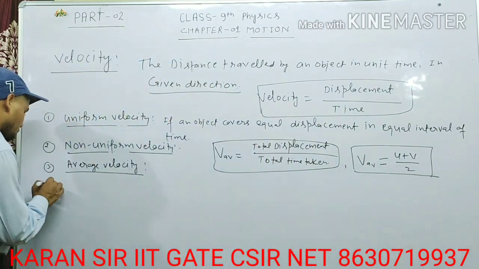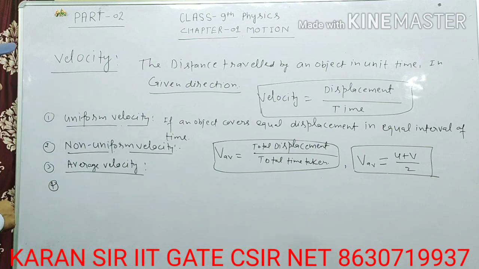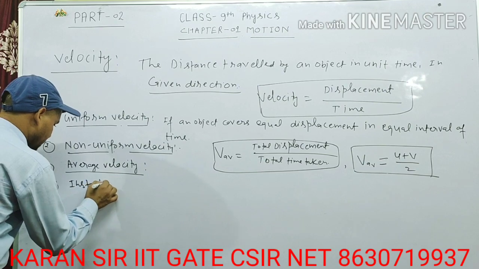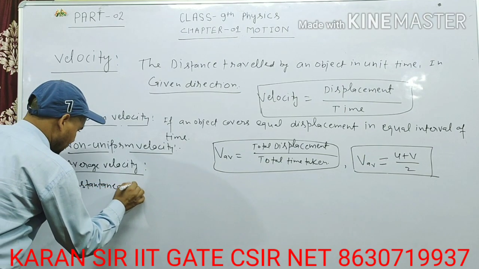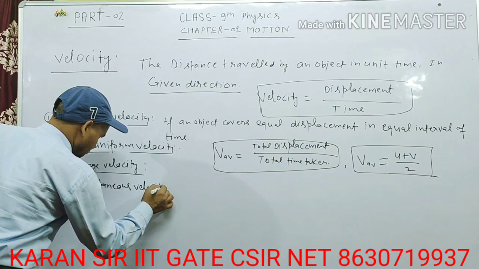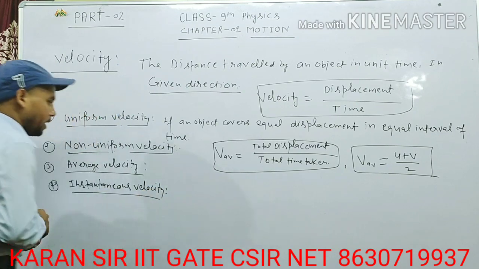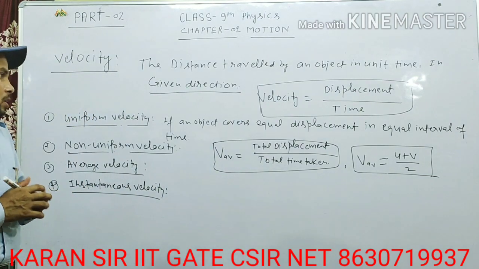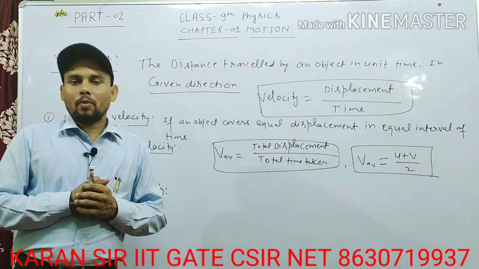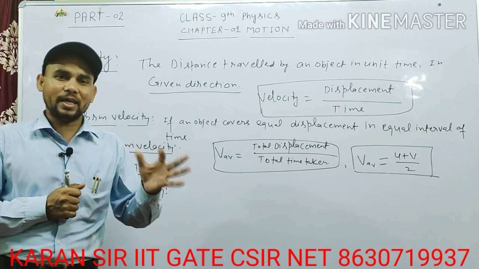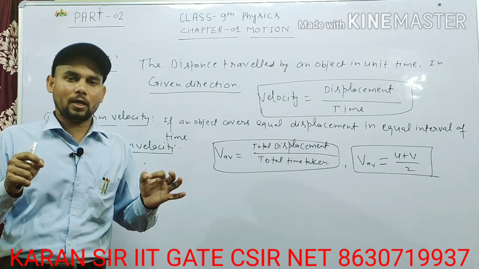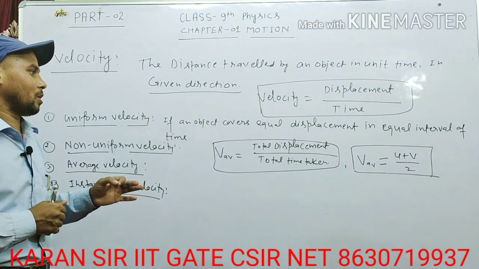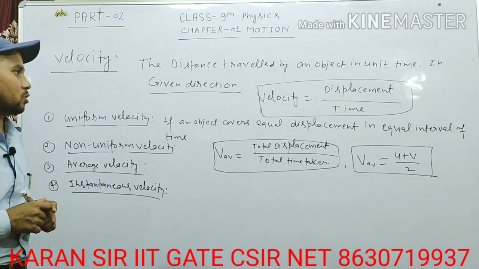Okay, so next, the fourth one is instantaneous velocity. The instantaneous velocity means the displacement covered by an object in the instantaneous time. The displacement covered by an object in instantaneous time, that is called the instantaneous velocity.